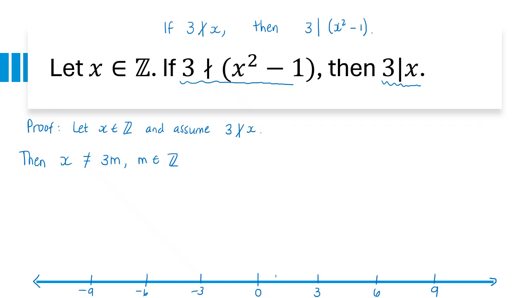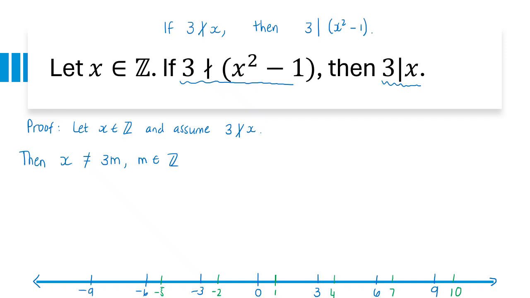We have 1 larger than a multiple of 3. So let's look at 1, 4, 7, 10. Over here to the left, we have -2, we have -5. So these are definitely not divisible by 3, but they are close to multiples of 3.